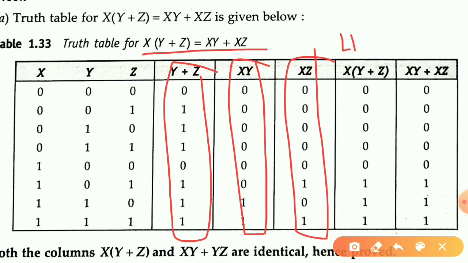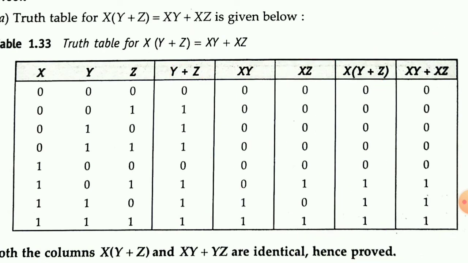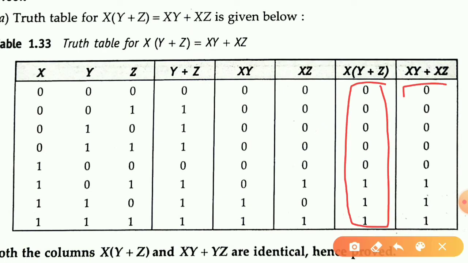This is LHS and this is RHS. While finding, you can calculate and you can see that these two results are the same. So it states that x bracket y plus z equals xy plus xz.